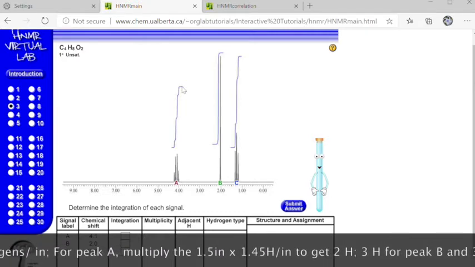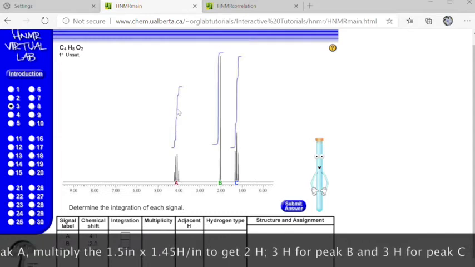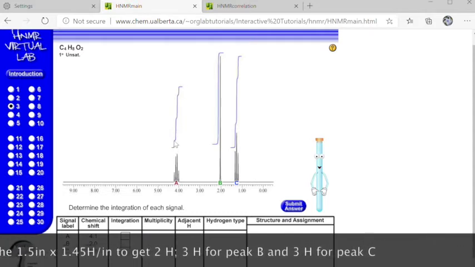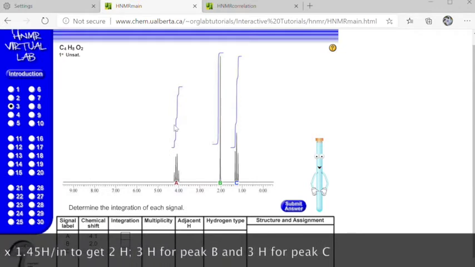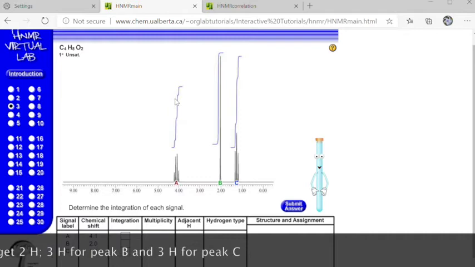And so then I'm going to go back and calculate how many hydrogens this is. Since this first one was 1.5 inches, you're going to multiply it times 1.45 hydrogens per inch, and that will give you 2 hydrogens for the first one.